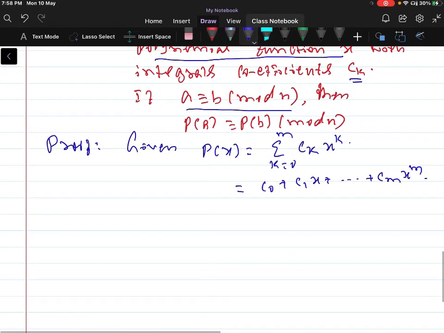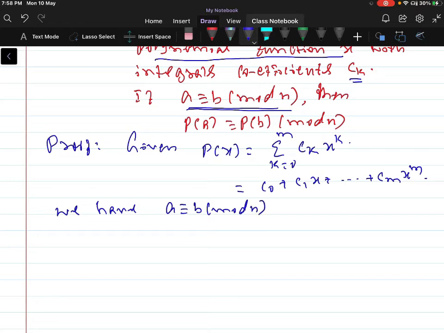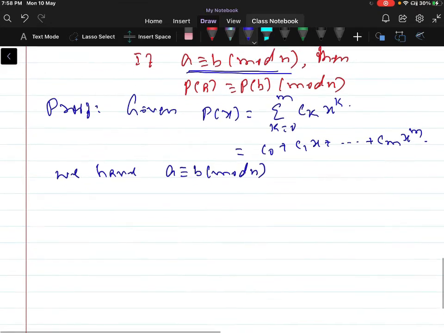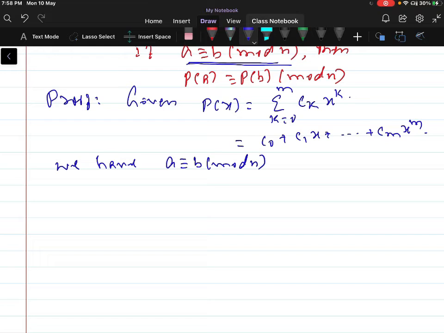So here a is congruent to b modulo n. This implies c_0 into a is congruent to c_0 into b modulo n also.